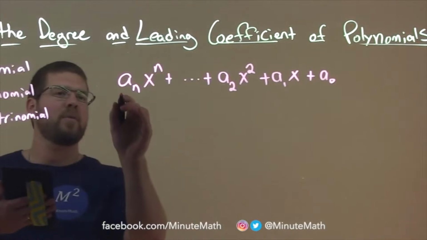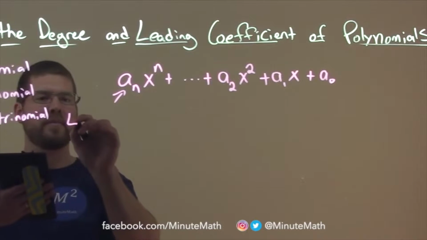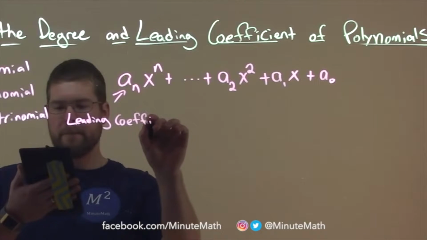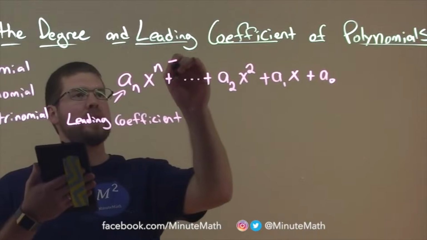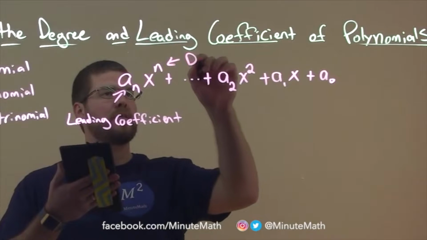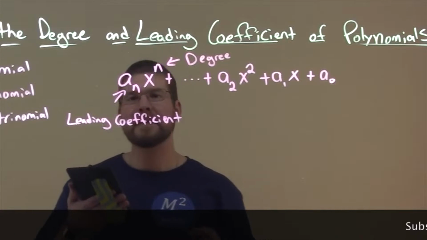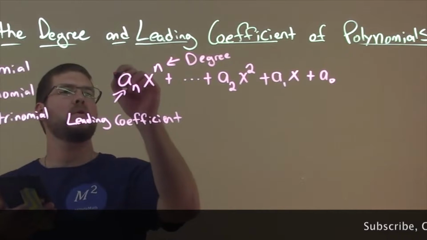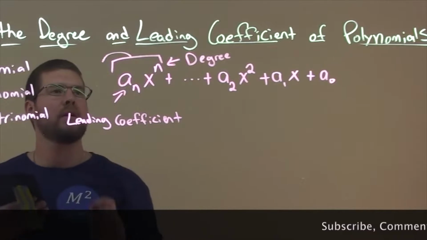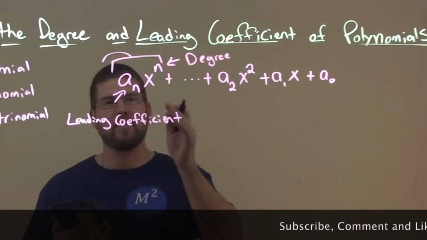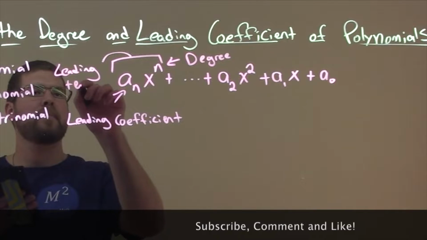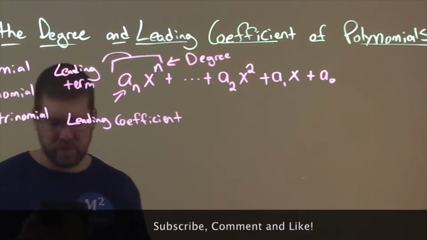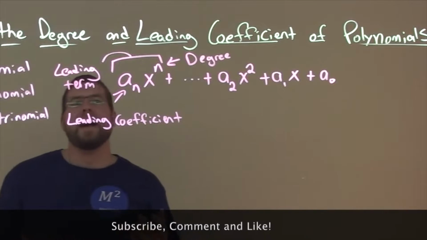These a values are what we call our coefficients. We have our degree right here, and our leading term, which will be this whole section, a sub n x to the n power.